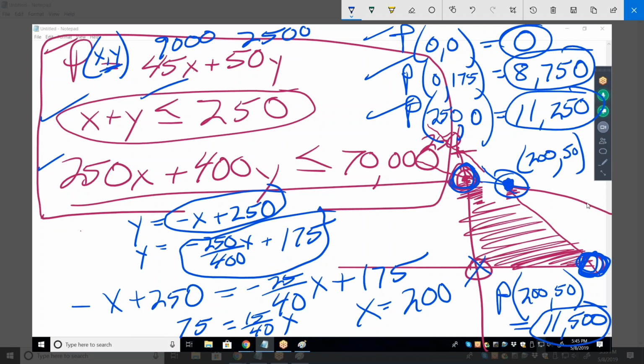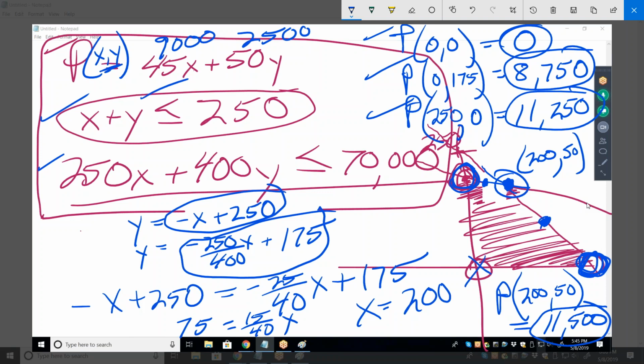And what linear programming basically tells you is that your profit maximum will never occur on the line like that, or it will never be right there. In other words, it has to be at a vertex. And that's really the key.